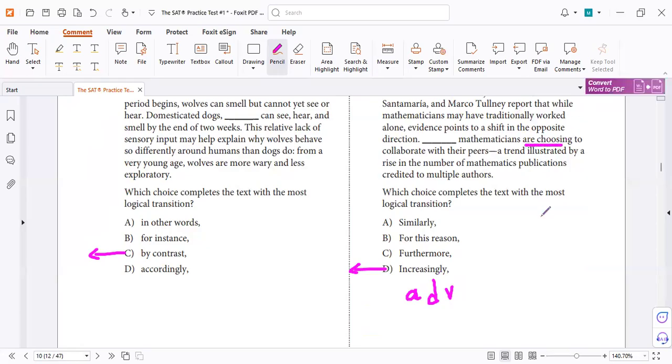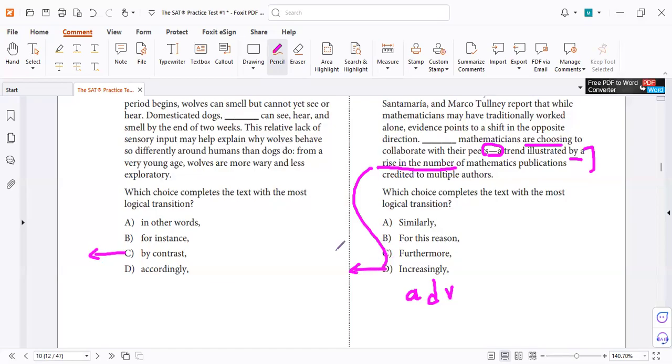So are we testing that mathematicians in an increasing way are choosing to collaborate with peers? How did you know? He said, after a single dash, an explanation. So your answer is here: by a rise in the number. So the rise is increasing.